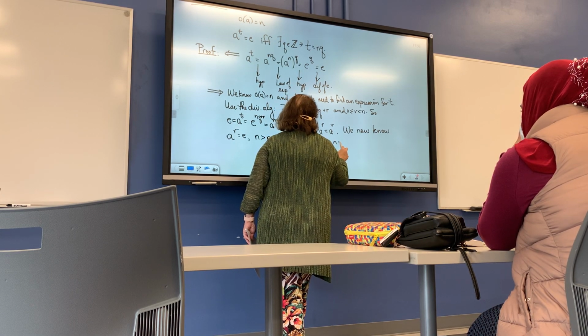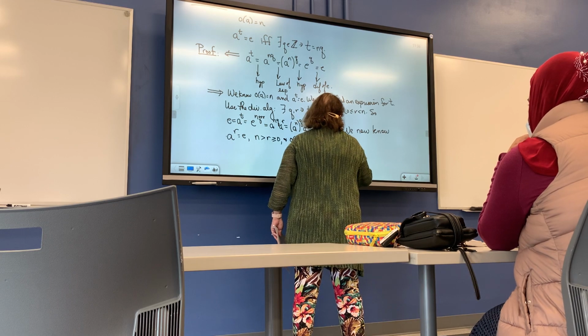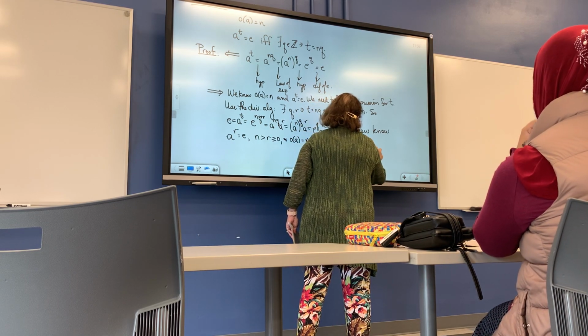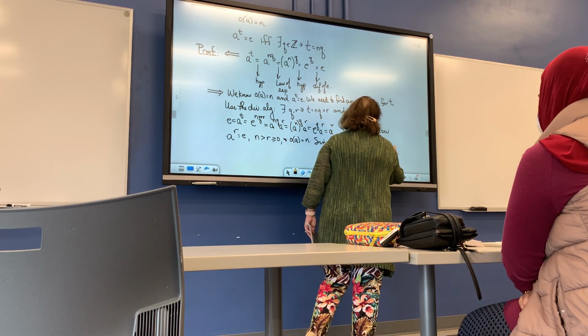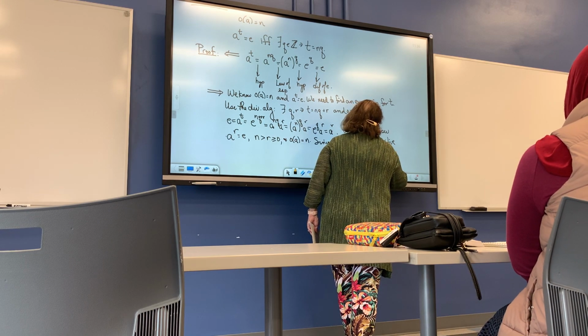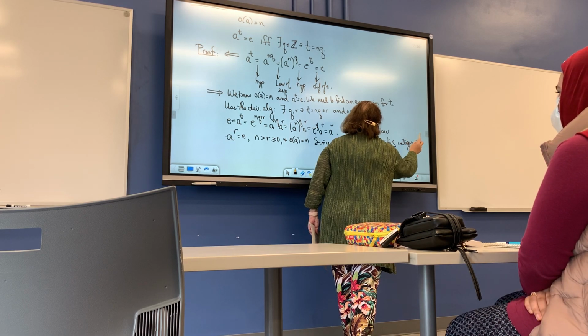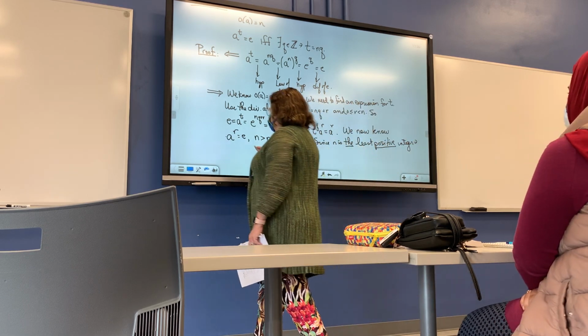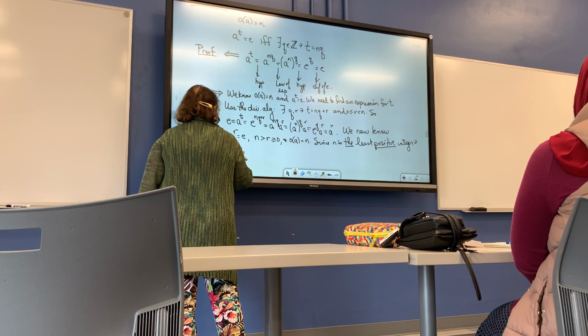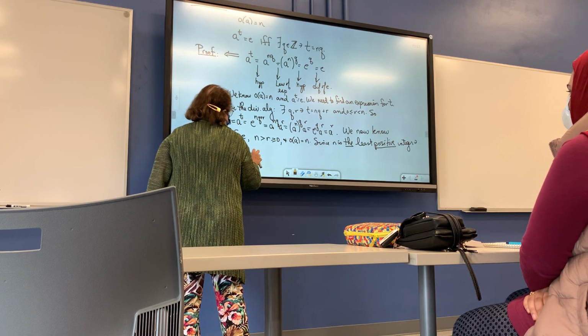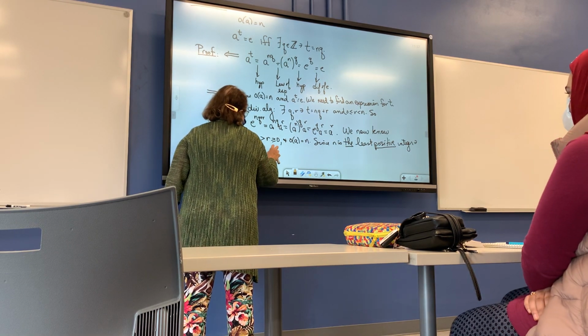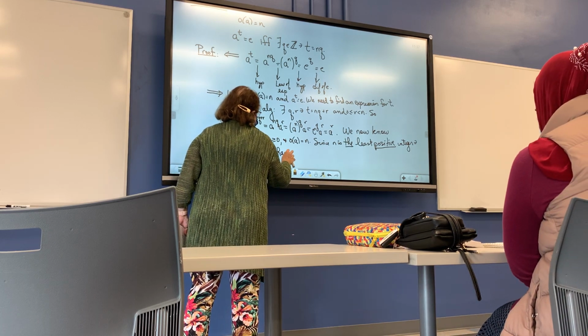Since N is the least positive integer, 0 is not positive, such that A to the N equals E, we must have R equals 0.